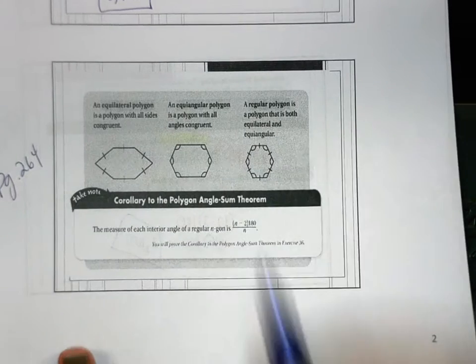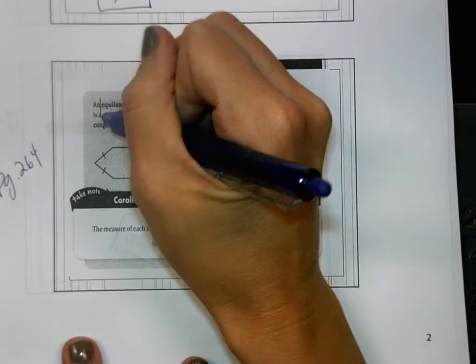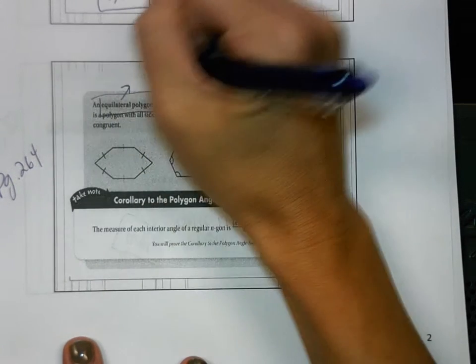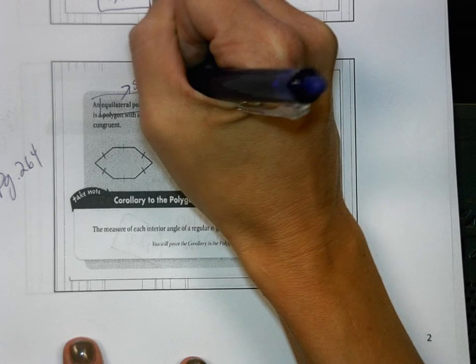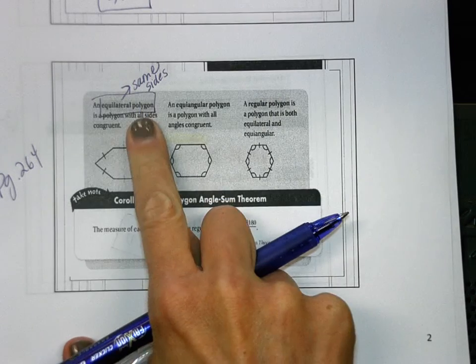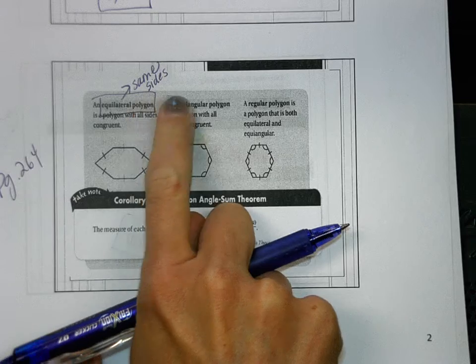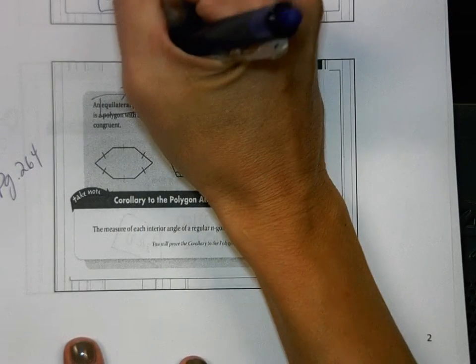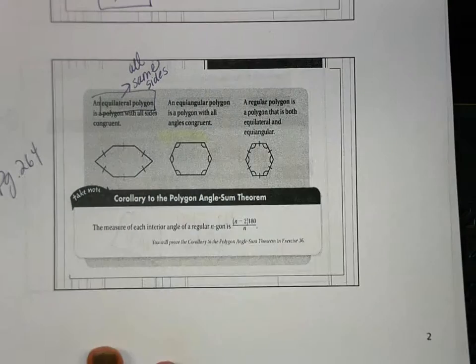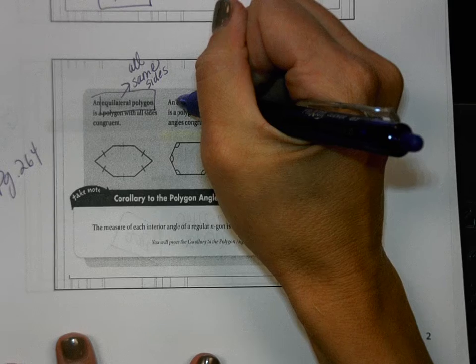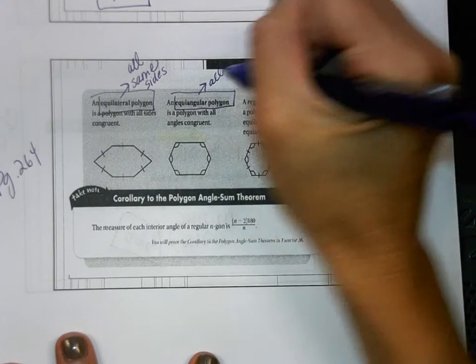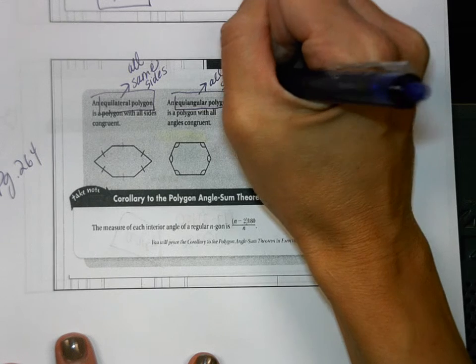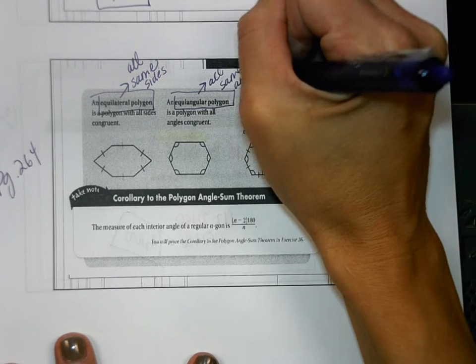An equilateral polygon has all of the same sides, or congruent sides. I'm just going to put same since congruence is in that definition. So equilateral means all same sides. When you have an equiangular polygon, that means all of your angles are the same, so I'm going to put all same angles.